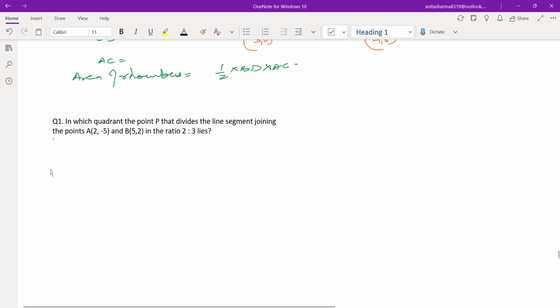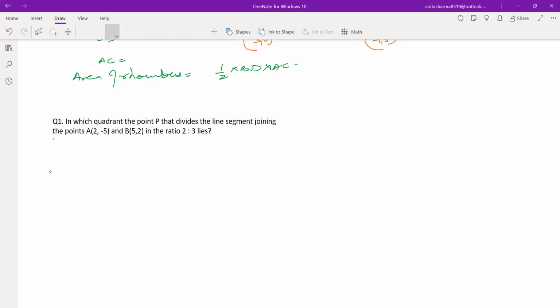See, beta, this question: in which quadrant does the point P that divides the line segment joining the points in this ratio lie? So before that, Bhavna, please tell me the distance formula, beta. Am I audible?